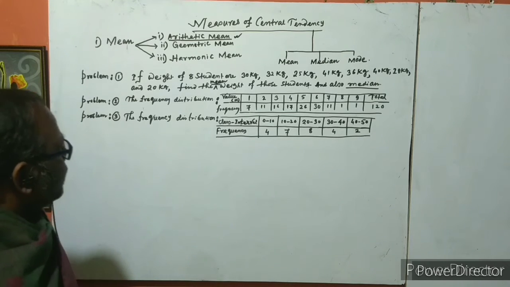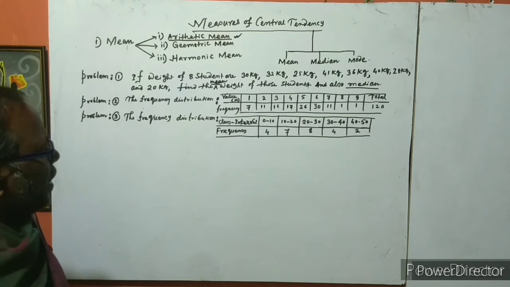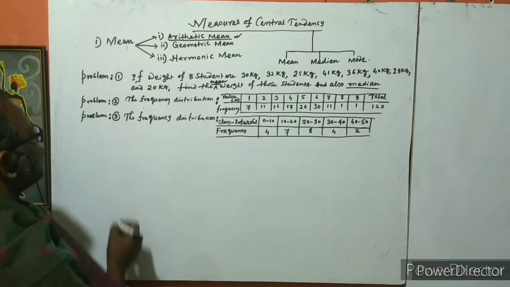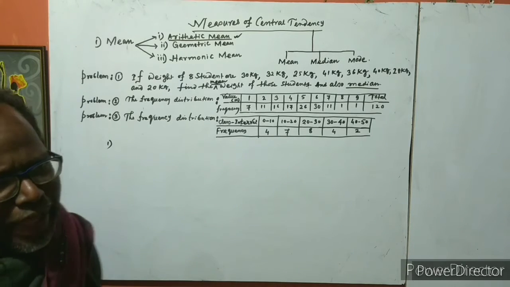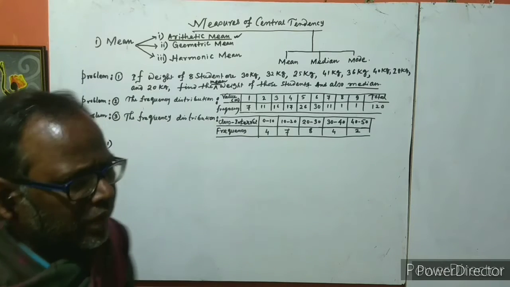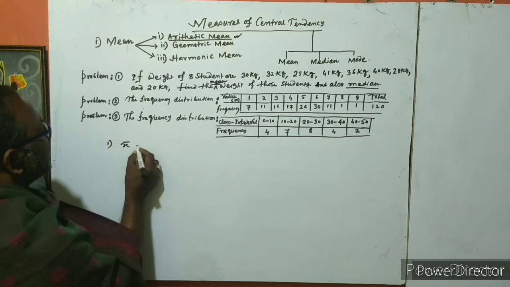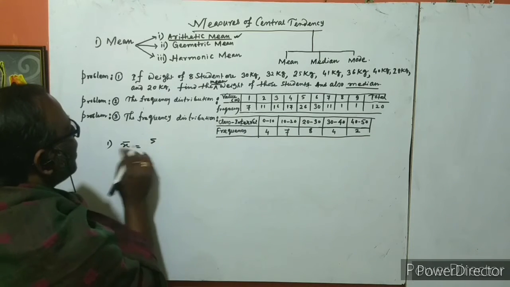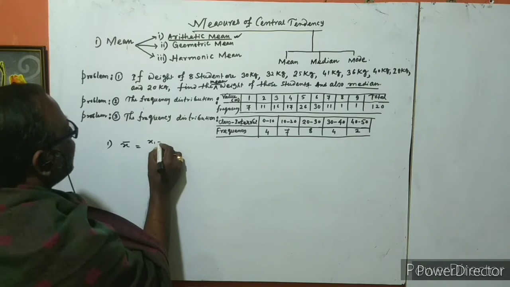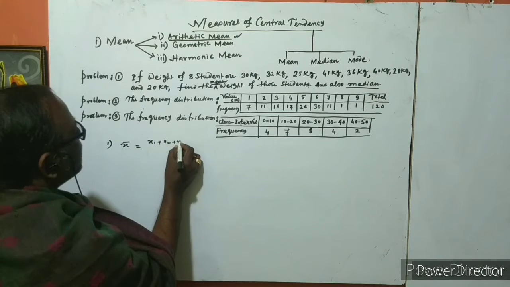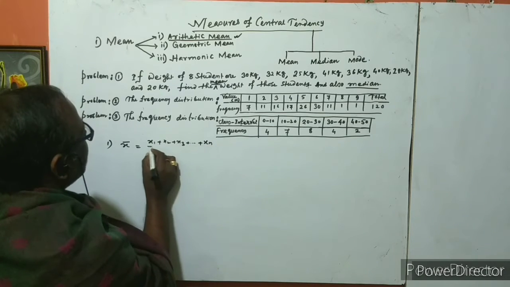Now see, the first discussion is the mean. What is mean? In your childhood you knew the average, and that average is called mean. For the mean, x bar is the sum of values: x1 is one value, the other values are x2, x3, and so on up to xn, divided by the number of data we have.